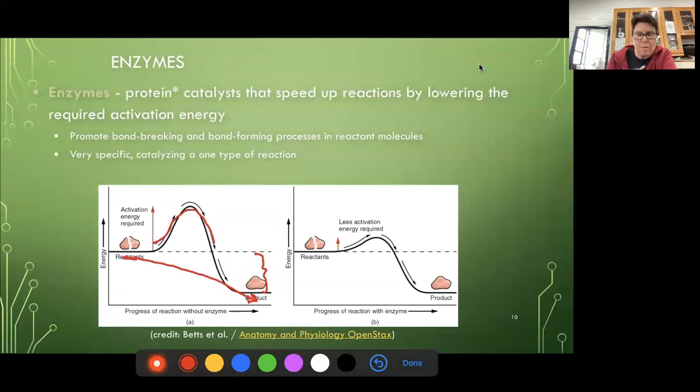This hill is huge, and so I have to put in energy to get over the hill to get out this energy here. So what an enzyme does is it lowers that hill so I can profit more, and this will move faster. Okay, so enzymes lower the activation energy. And enzymes are very specific to what they bind to and the job that they do.